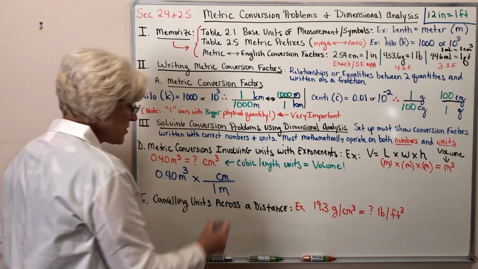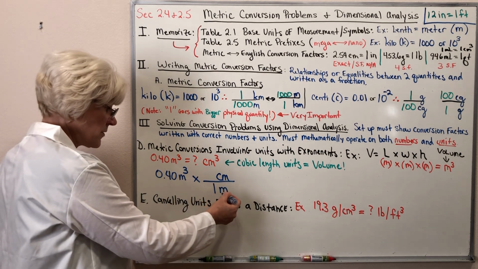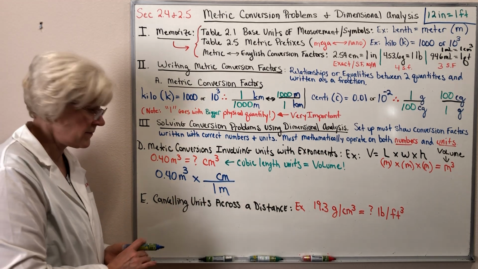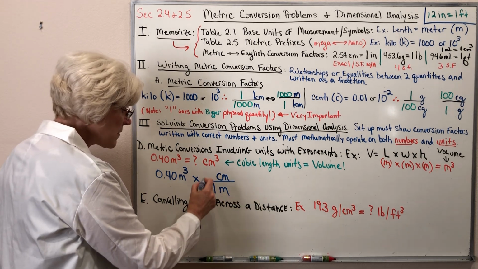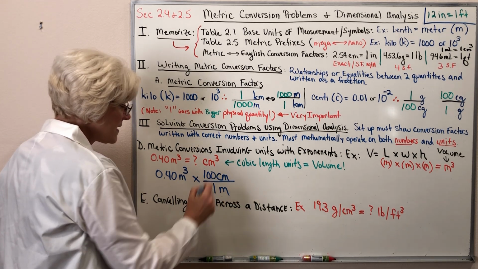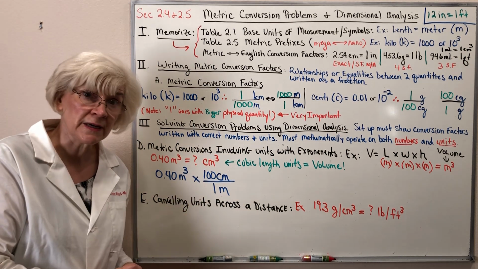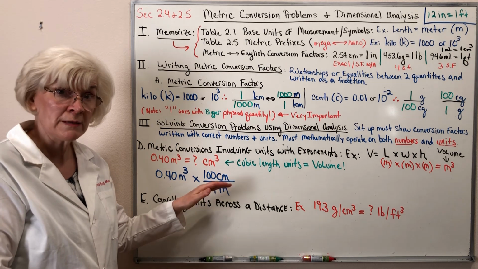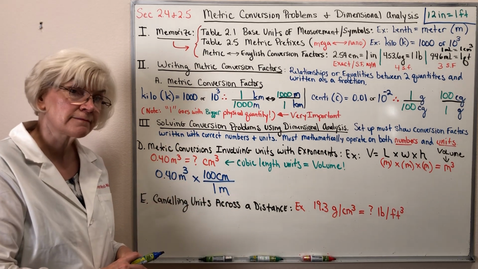So if I asked you, what's the relationship or a conversion factor between meters and centimeters? Meters is the bigger unit, the number 1 goes with that, prefix centi is hundredths, so 100 centimeters is equivalent to 1 meter. We've explored how to write that conversion factor.